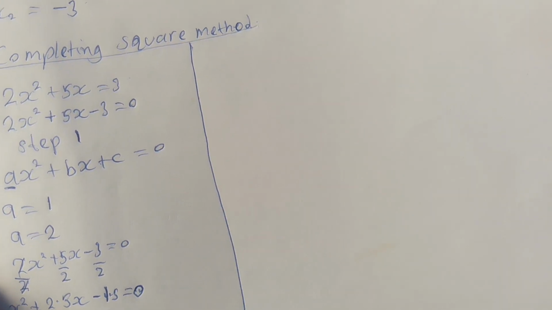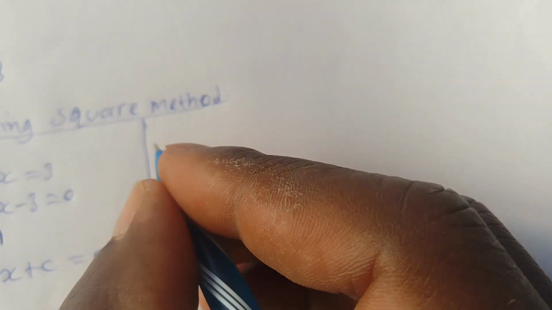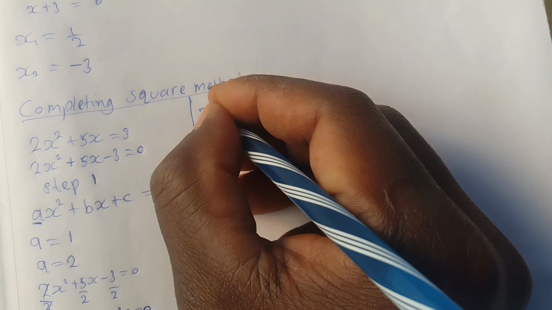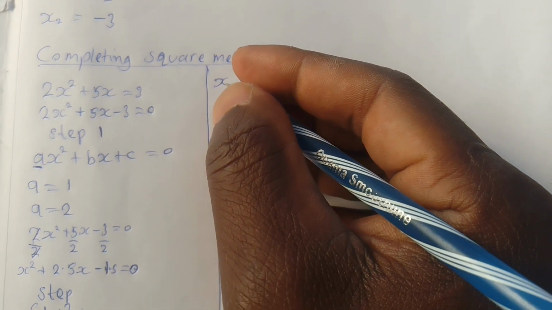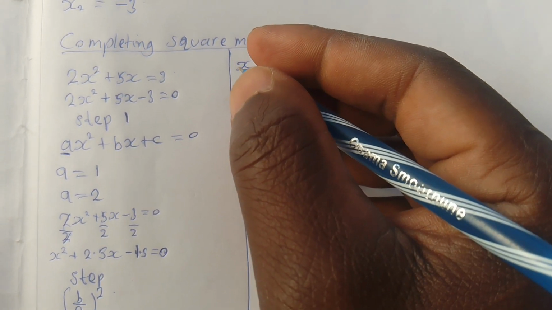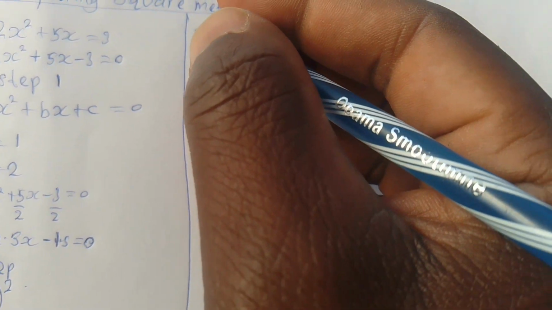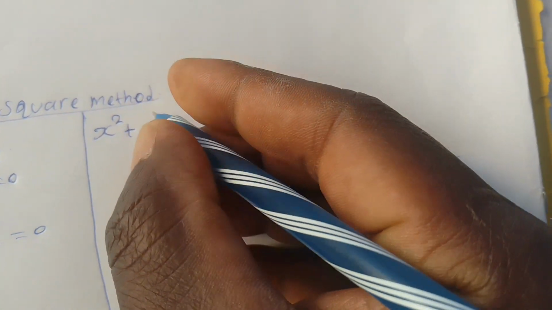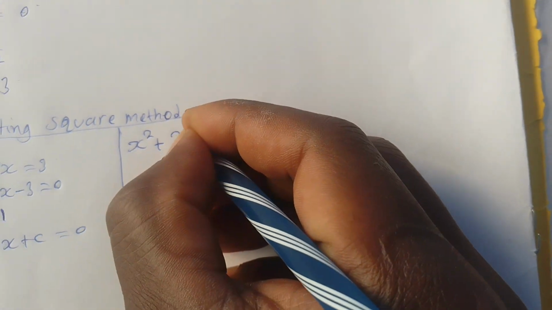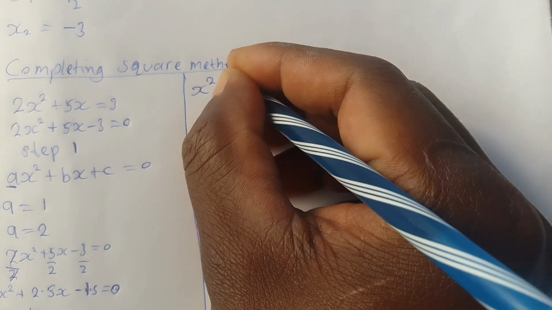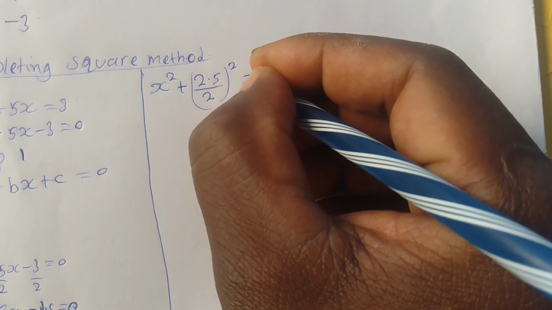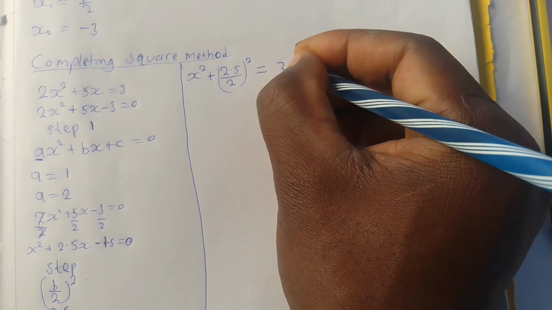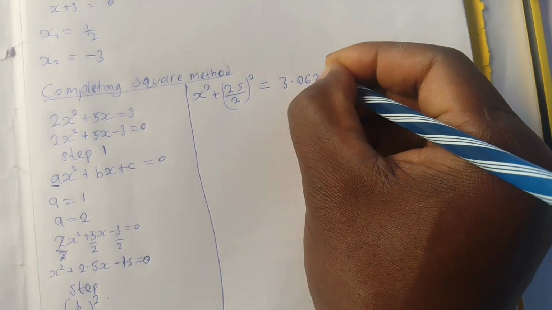So let's continue. After adding that, you will have x plus 2.5 over 2, squared, is equal to 3.0625.